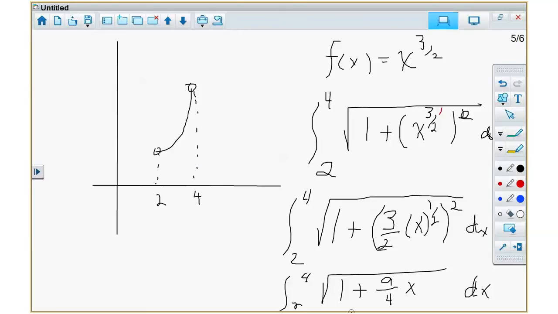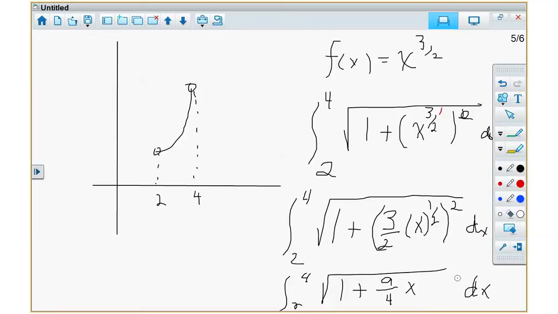So you got 1 plus 9/4 x. So right quick, we could pull u out, or say u is equal to 1 plus 9/4 x. So if u is equal to 1 plus 9/4 x, what would du be?